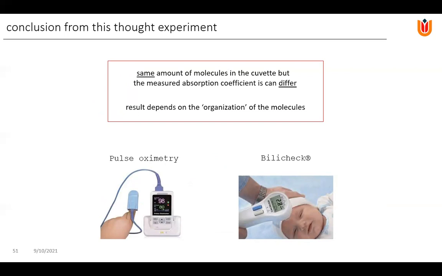So the conclusion of that thought experiment is that you can have the same amount of molecules in the cuvette, but you can still measure a different absorption coefficient just depending on how they are, let's call it, organized. And you can have that as well in tissue. Name one big absorber.